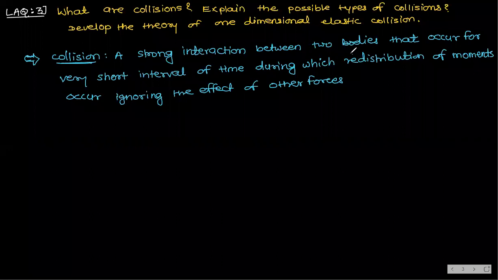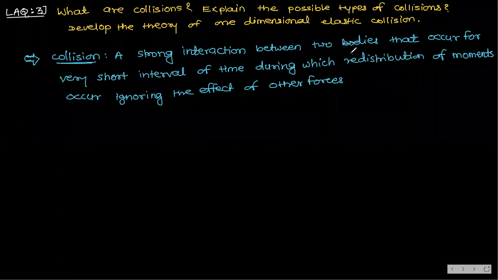One more time, you see, there is a strong interaction between two bodies for a very short interval of time, during which the redistribution of moments occurs, neglecting other forces.